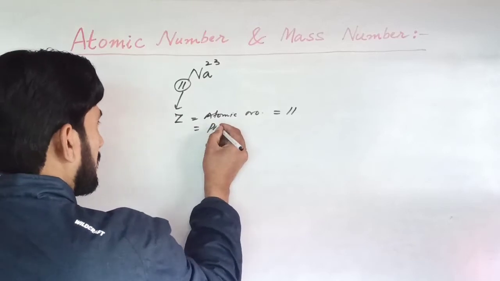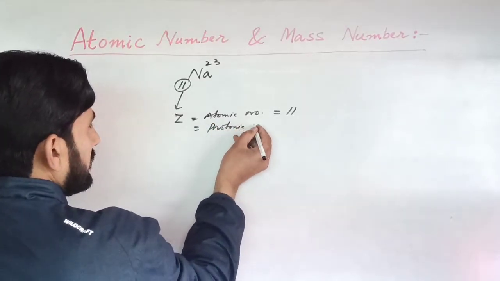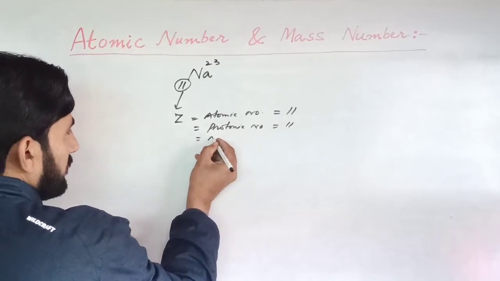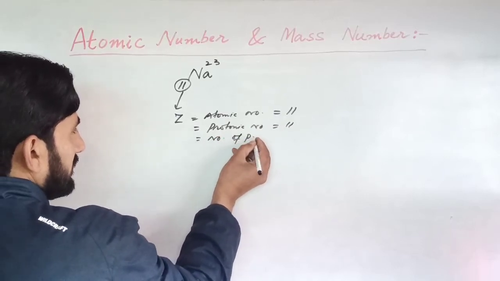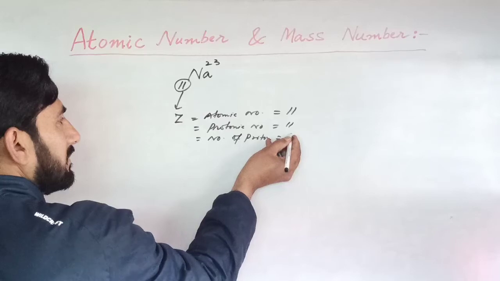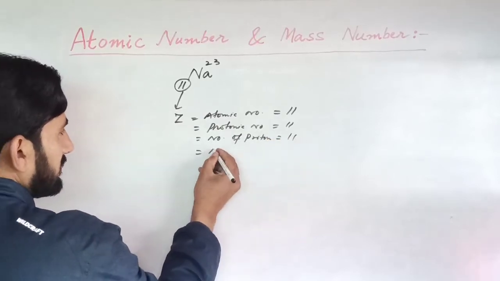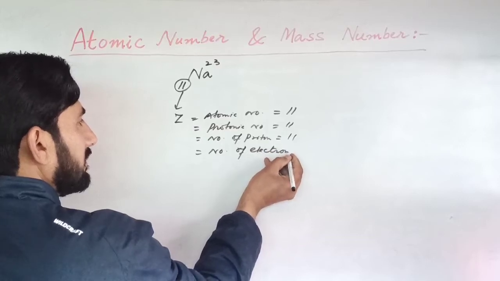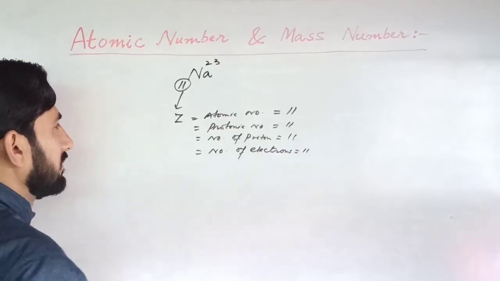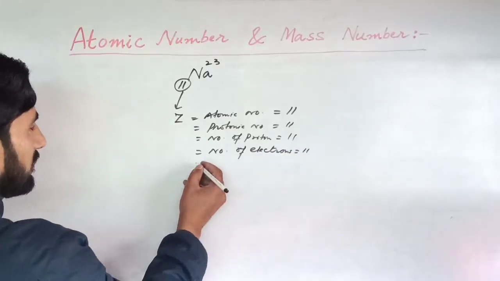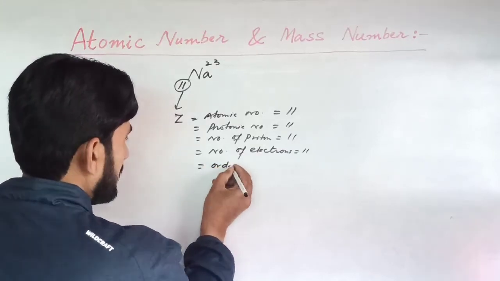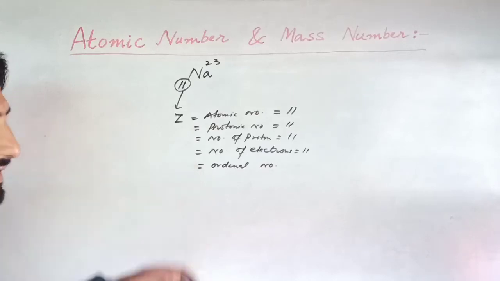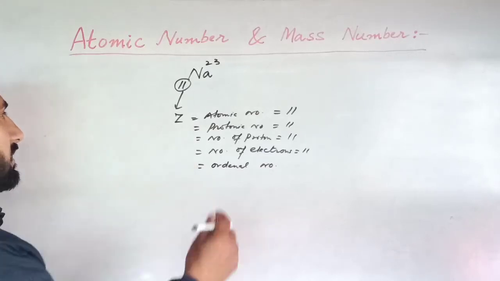This is also called the protonic number, the number of protons and the number of electrons. It is also called the ordinal number of sodium in the periodic table.